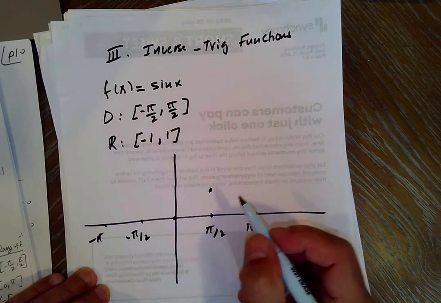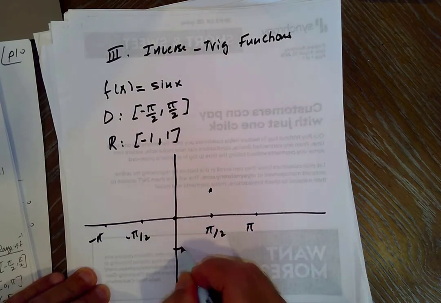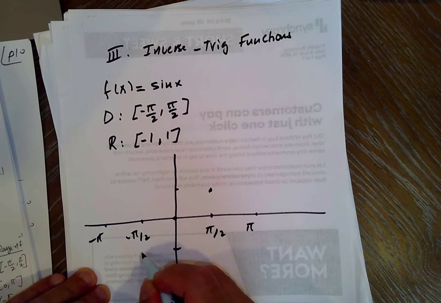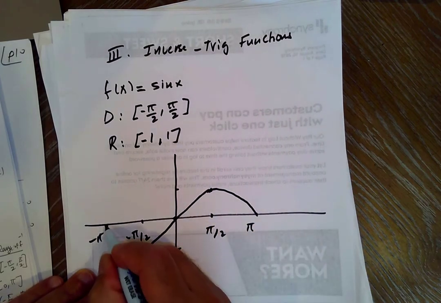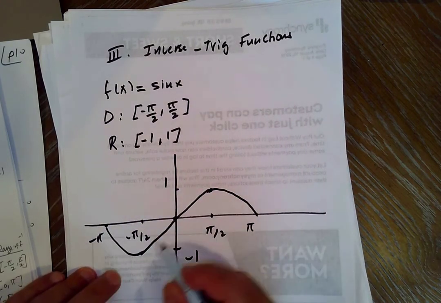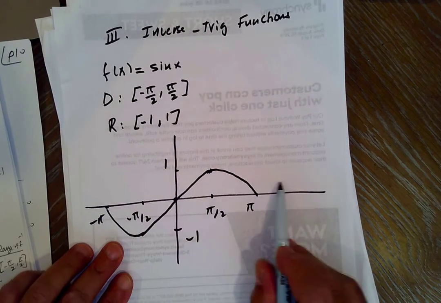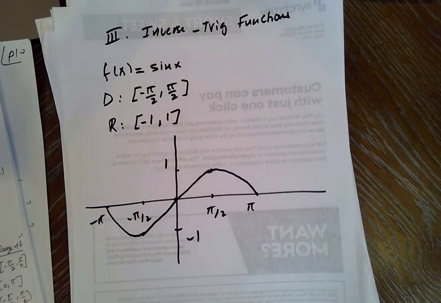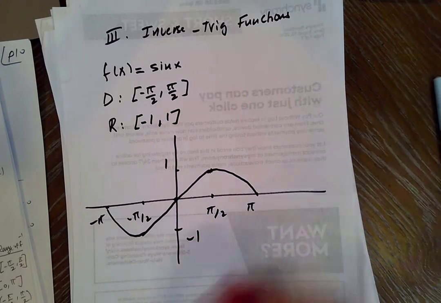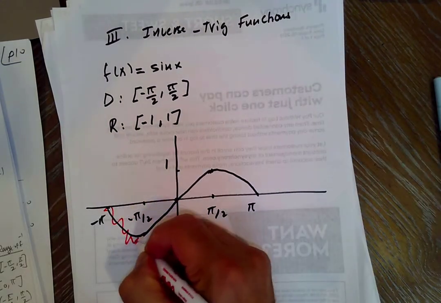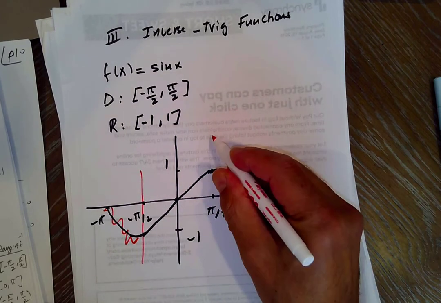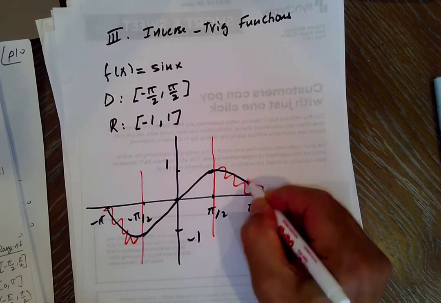Pi over 2, pi, negative pi over 2. So just to give you an idea, this goes on forever. But if you only look between negative pi and pi, you can see it's not even 1 to 1. It doesn't pass the horizontal line test. And to have an inverse function, you need to have a 1 to 1 function. So we cut off everything from the right and left and only leave this interval from negative pi over 2 to pi over 2.